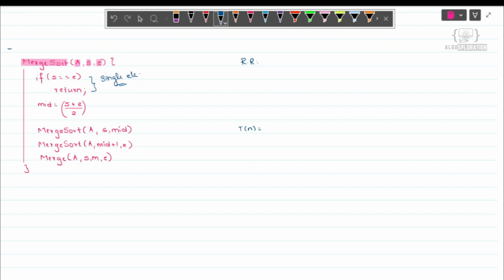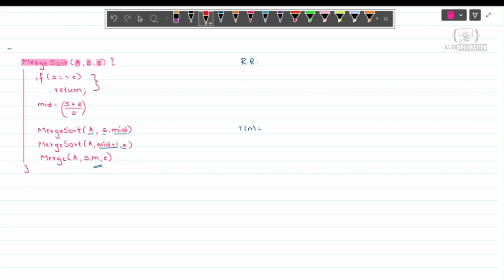Now if this is not the case, then we will calculate the mid, and after that we will call merge sort again, passing the array with the start index and the mid index, and the remaining elements from mid plus 1 till end, and will merge it. Let's find the time complexity here.